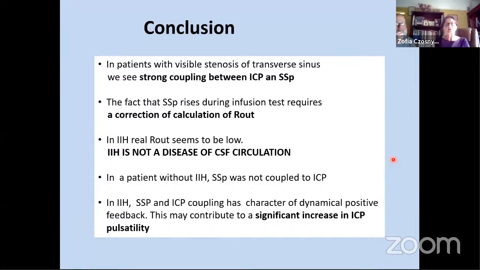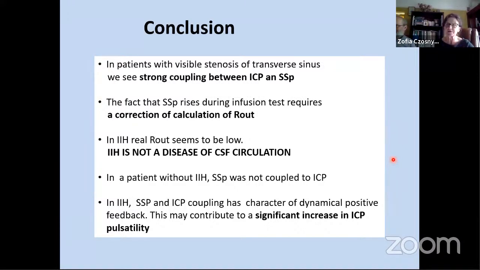Prof, it's an excellent question, and probably for another lecture. My conclusion that IIH is not clearly a disease of CSF circulation, maybe I should have put it this way, is from the perspective of treatment.